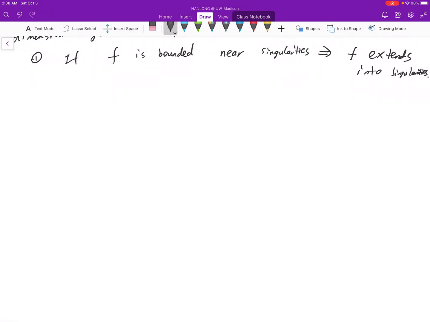But actually, I didn't tell you what a holomorphic function in higher dimensions is. But basically, you can think of it as several complex variables.